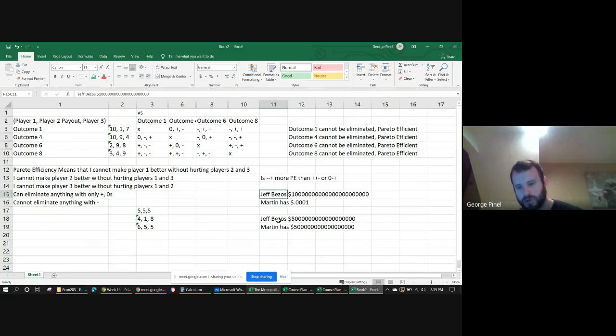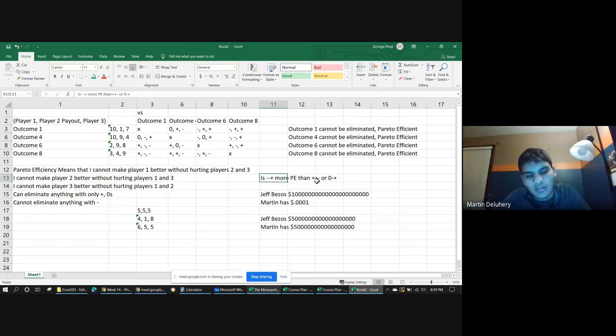So even though this allocation does better than this one here for 2 people and only hurts one person, the fact that it hurts anybody makes it not Pareto efficient. Okay, that makes sense.